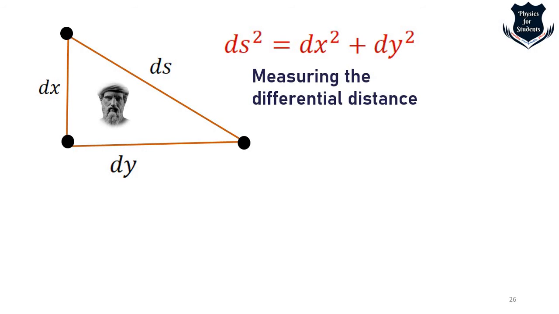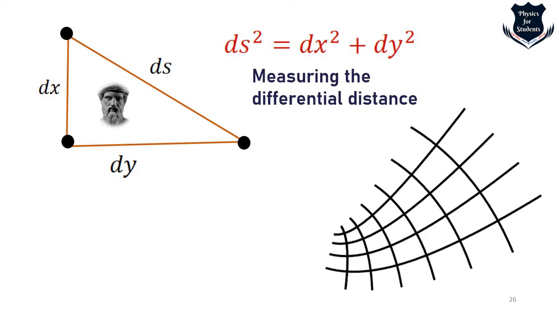Now this measures the differential distance. Obviously we are using D. Now if I get a kind of crazy curve like this, and I get 2 points, and my line goes like this, would we be able to use the same formula?